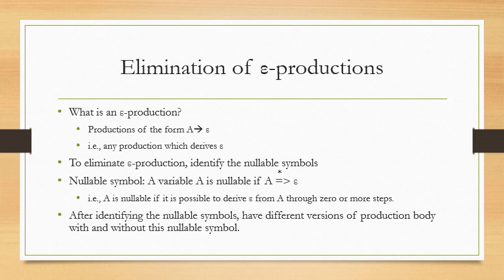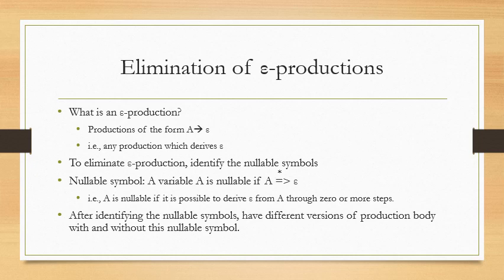First we have to understand what these epsilon productions are. Epsilon production means any grammar production where a non-terminal can generate epsilon through one or more steps. We call it an epsilon production. For simplicity, A determines epsilon is a direct epsilon production. Suppose we have A determines B and B determines epsilon, which means A determines B, B determines epsilon, and therefore A determines epsilon.